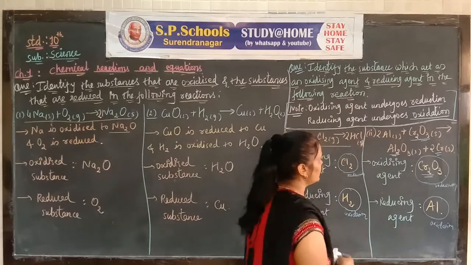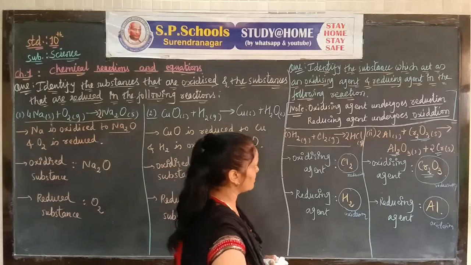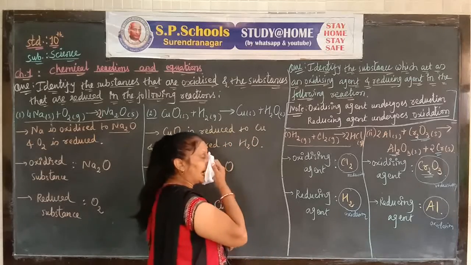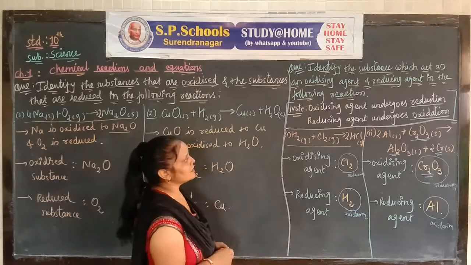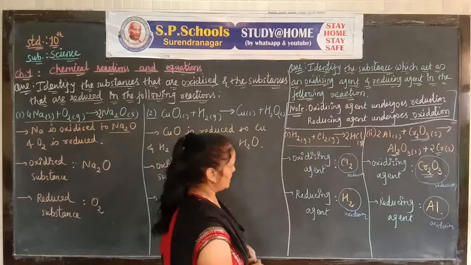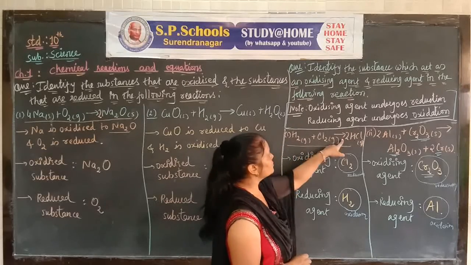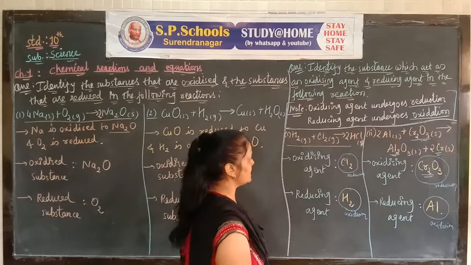Let's see again to make it clear. The oxidizing agent always undergoes a reduction reaction, and the reducing agent always undergoes an oxidation reaction. In the first equation, H2 plus Cl2 gives us 2HCl.